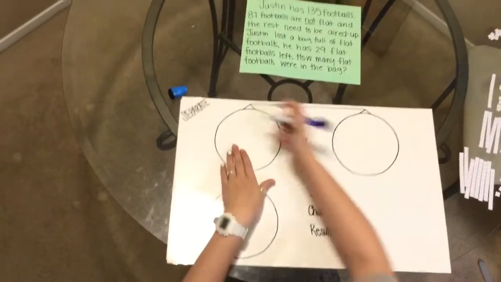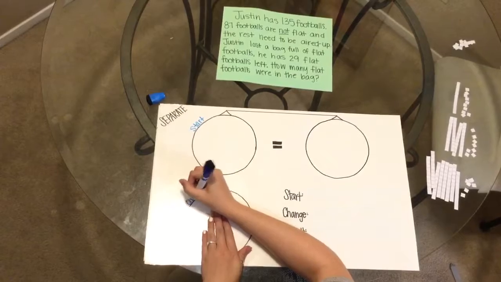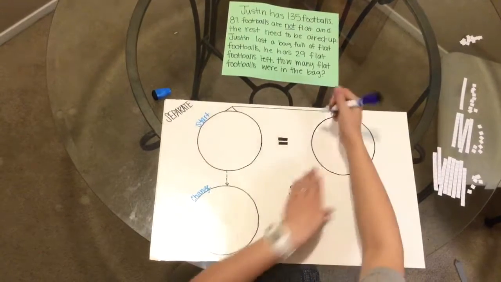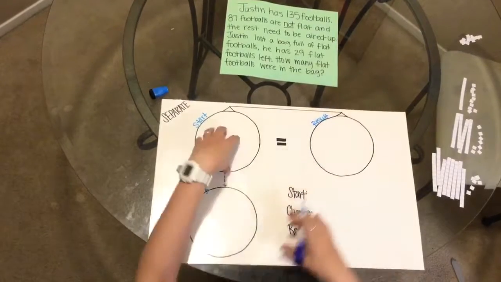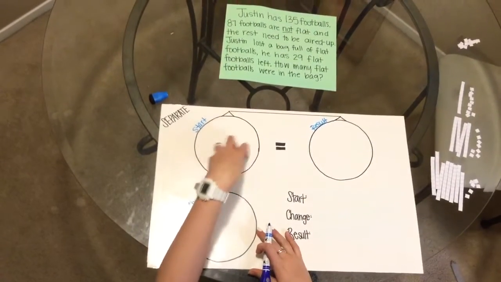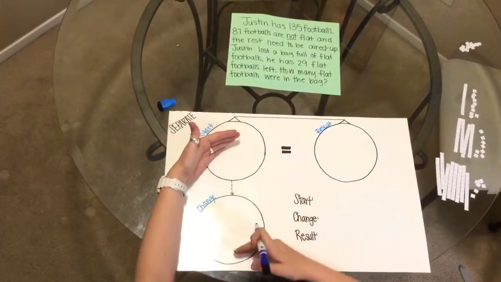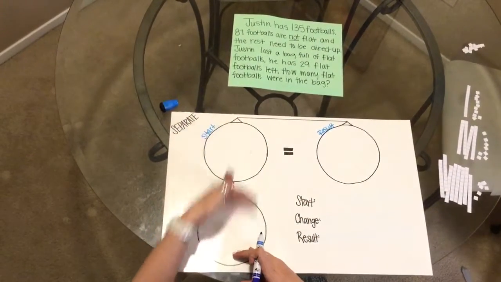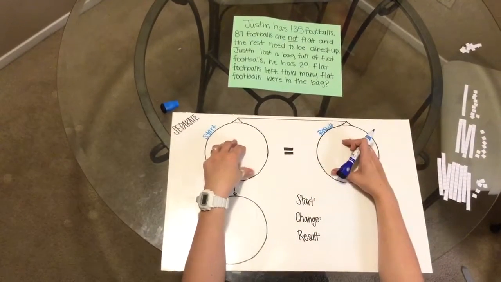So looking at our separate, we have our start, our change, and our result. So our start is the number of objects that we start with, and then our change is what we are taking away. So when we take away our change, our start then equals our result.